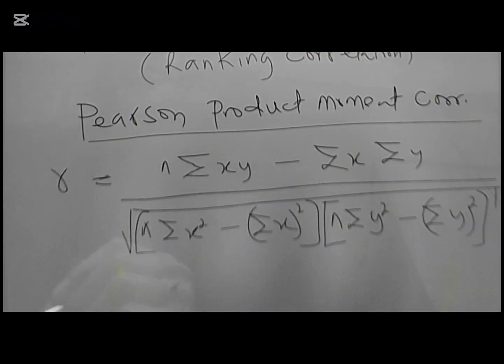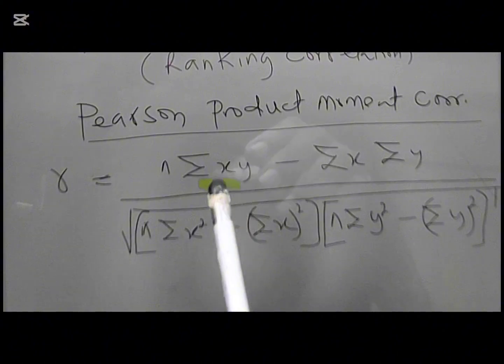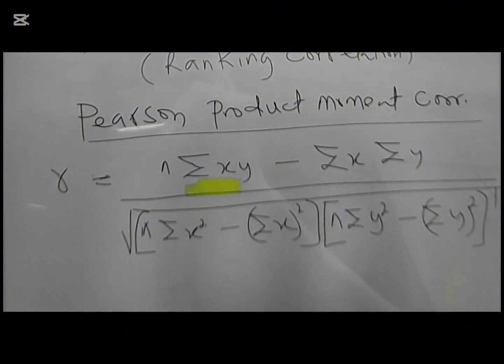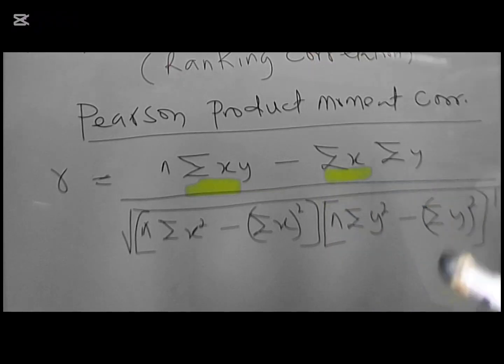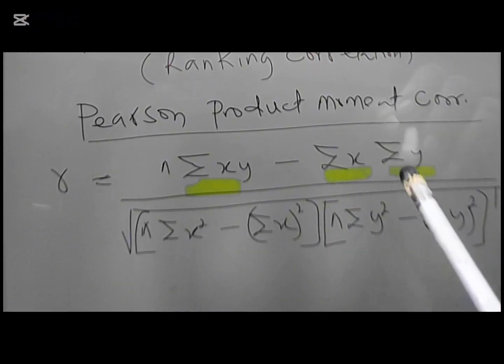Please take note. So what does it mean here? It means that when I'm given the values of x and y, I can find x times y, which is this one here. So the sum of it will give us this value. When you sum the part of x, it will give you the sum of x. When you total the part of y, it will give you the sum of y.